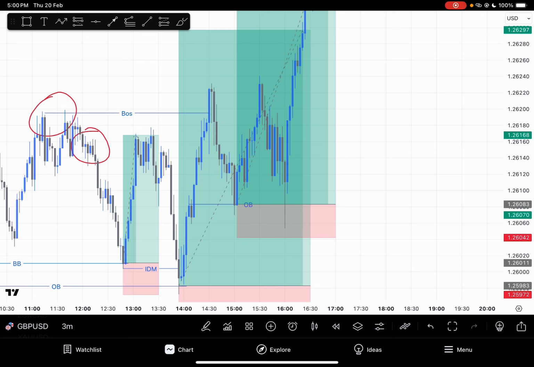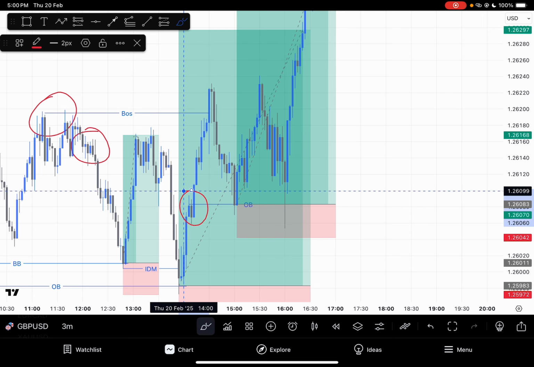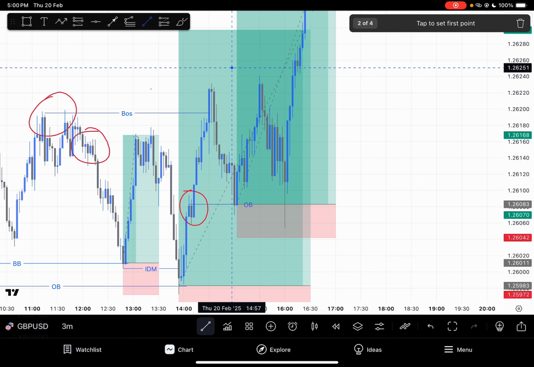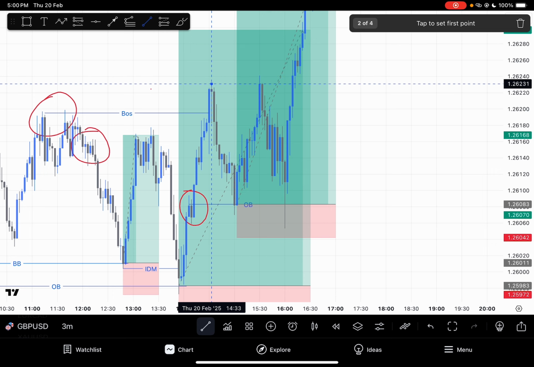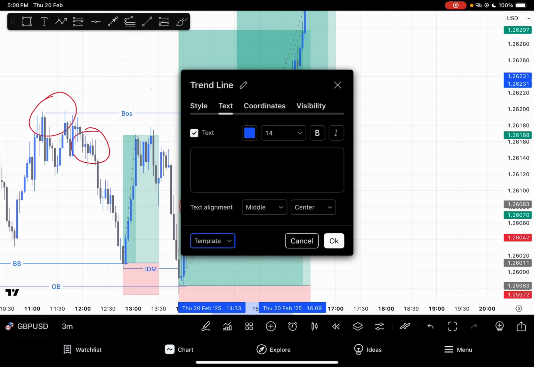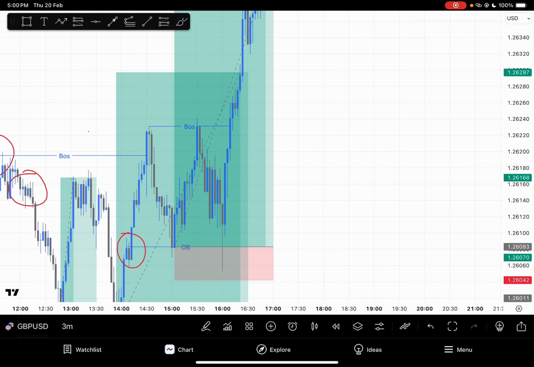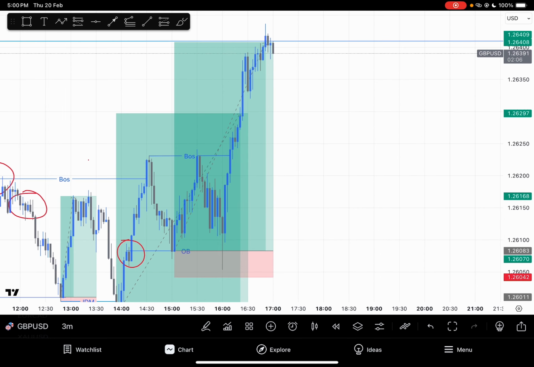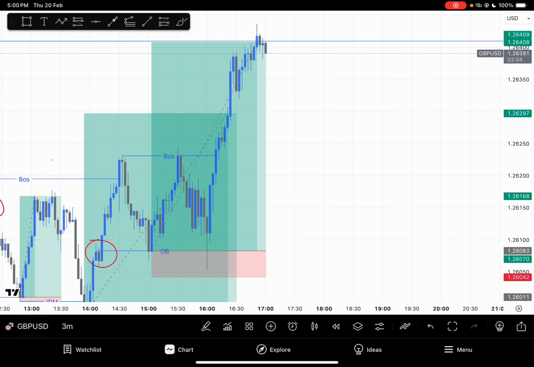If you mark this line back, you see price immediately tapped on it, pushed to the upside again, took out this previous high, creating another break of structure. This is how you can use this particular strategy to get this kind of sniper entry.